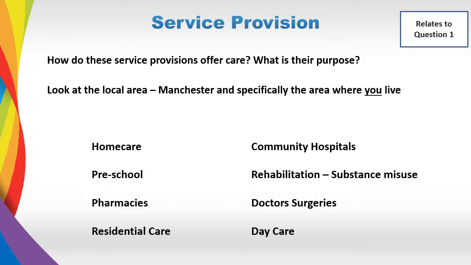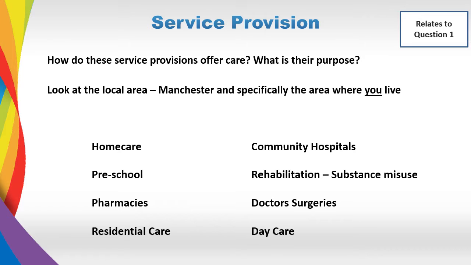It could also be residential care for children that have been in failed foster placements as well. Community hospitals, rehabilitation sites such as substance misuse places. Not only substance misuse, it could be rehabilitation for people who have perhaps had a knee operation and they've gone to some sort of care provision where there's a lot of physiotherapy, doctor's surgeries, of course, and daycare centres.